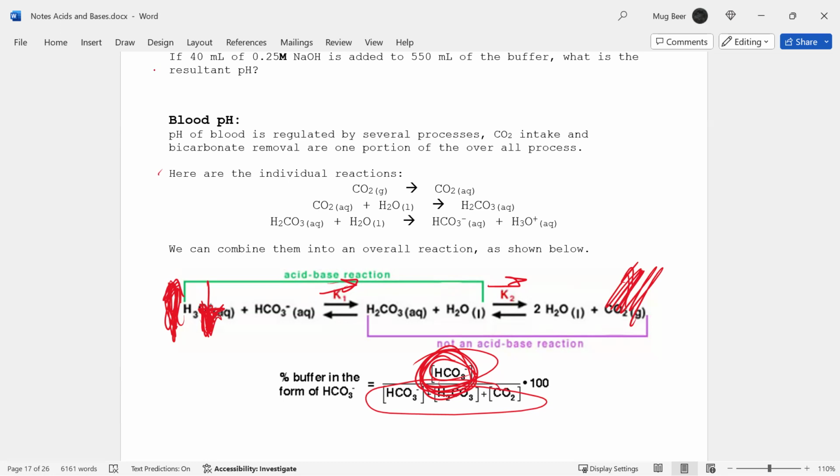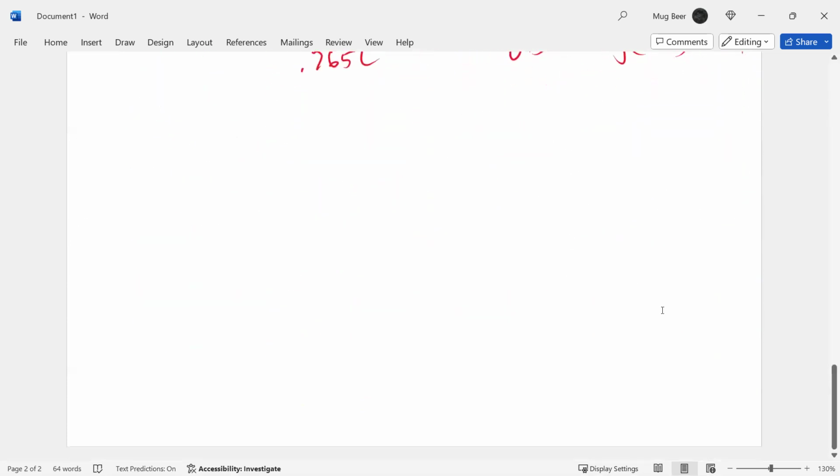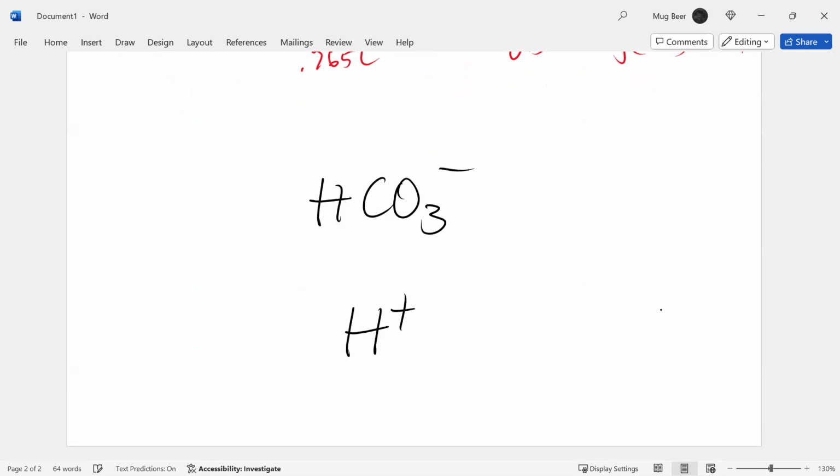So how can one thing be a buffer? So I am hydrogen carbonate. Let's say excess acid gets added to the system. What can the hydrogen carbonate do? It can just grab a hold of it and turn into H2CO3.